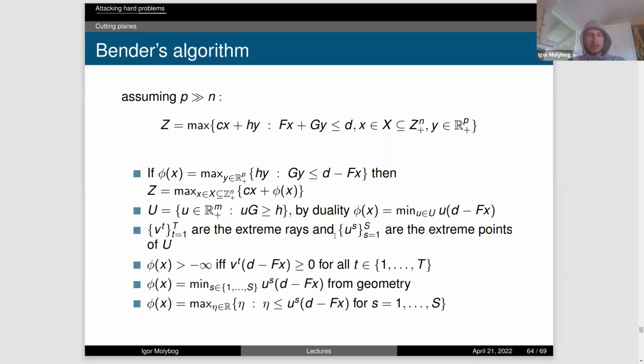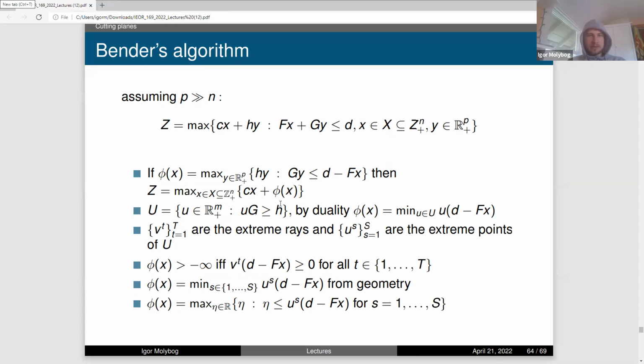Are there any questions regarding what is an extreme point and what is an extreme ray? An extreme ray is a direction in which you can essentially go to infinity, but let me actually give an example of this.